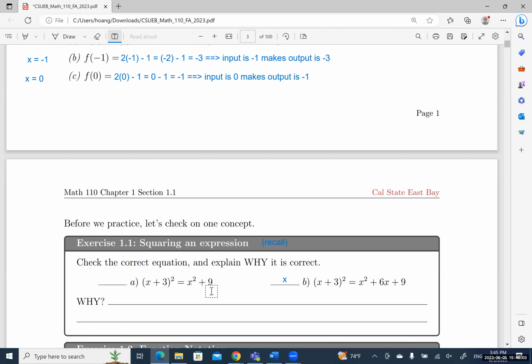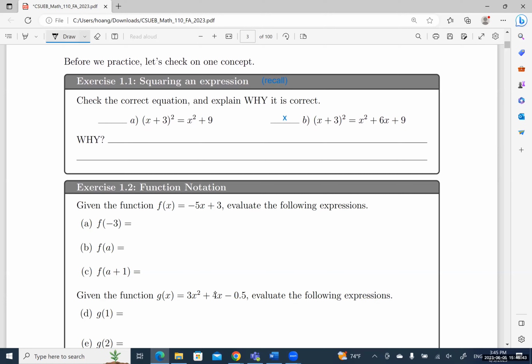A lot of students get this mixed up because they think you just square each term in here, for example, square the x and square the 3, and you get x squared plus 9. So that actually is incorrect. But how can I get the x squared plus 6x plus 9 there? So let me explain to you. The reason is, when you do, let me move this up.